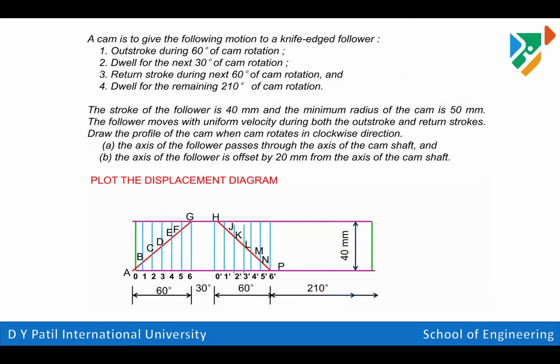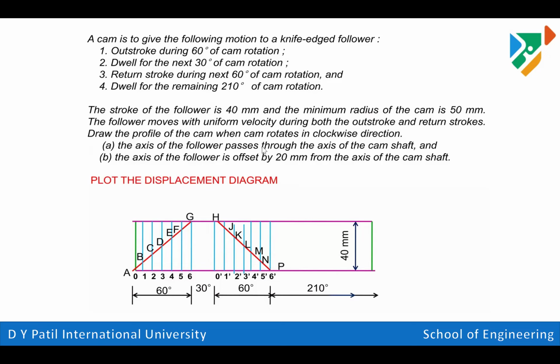Suppose we have this statement: a cam with a knife edge follower is given. The cam operates with the following motion, and we have the angles of stroke. The outward stroke is given as 60 degrees. Dwell is given as 30 degrees. Then we have the return stroke of 60 degrees, and the remaining angle is 210 degrees, that is the angle of dwell. The stroke of the follower is given as 40 mm, that is the lift, and the minimum radius of the cam is given as 50 mm.